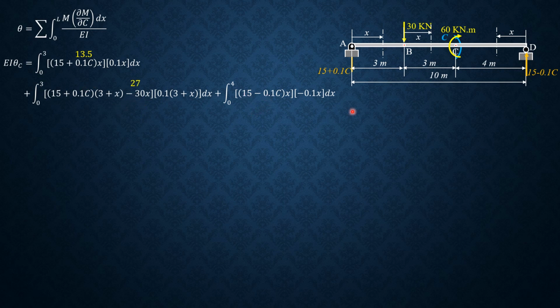Lastly, it's 15 times x times negative 0.1x from 0 to 4. The value of the integral is negative 32. So combining, theta C is equal to 8.5 over EI. So that's it for this example.